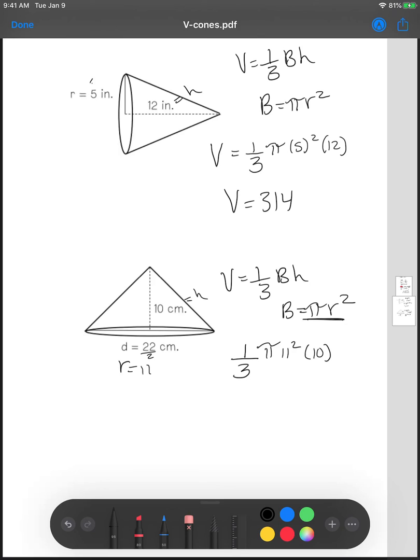All right, I'm going to put in my calculator. I get 1,000.7.